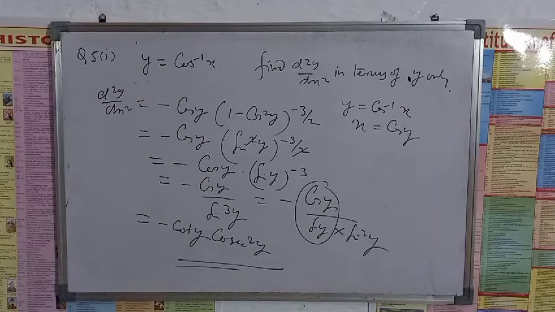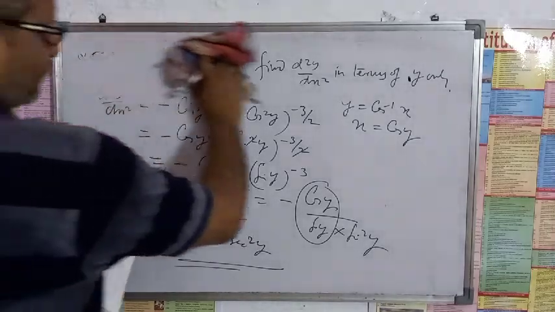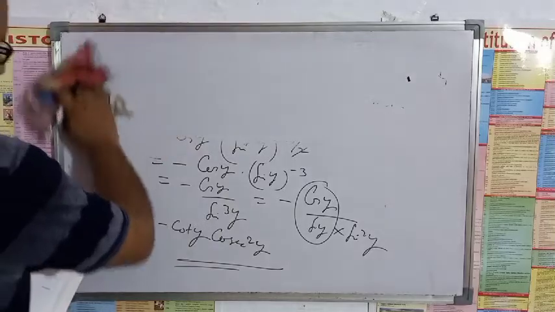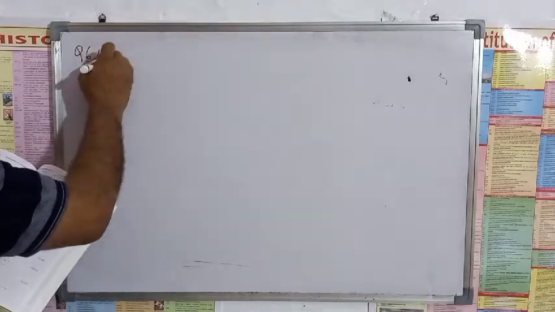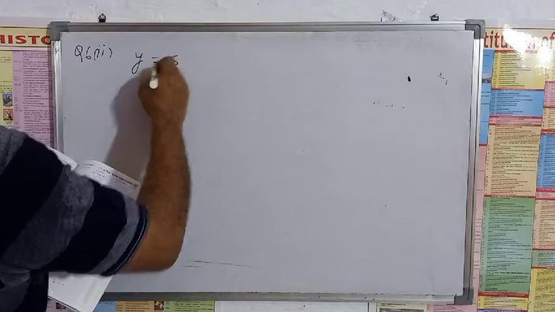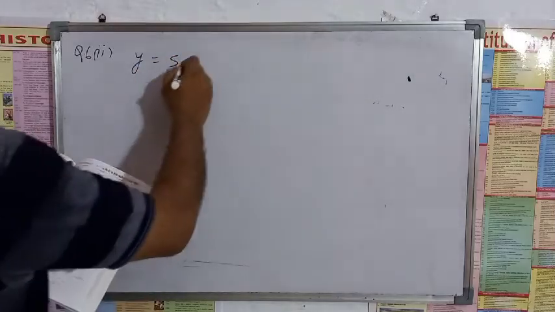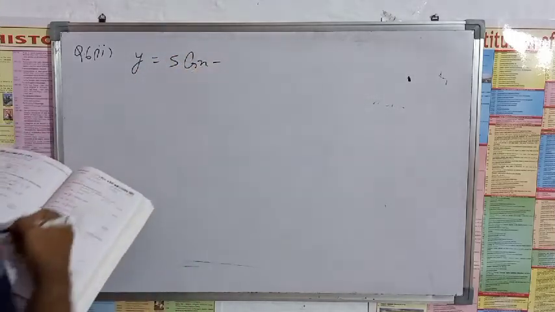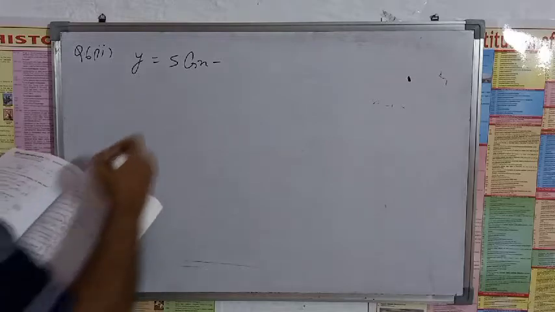Now we will see question number 6, second part. y is equal to 5 cos x minus 3 sin x.